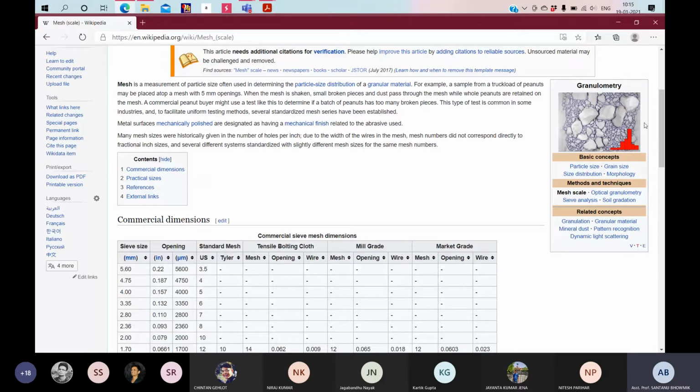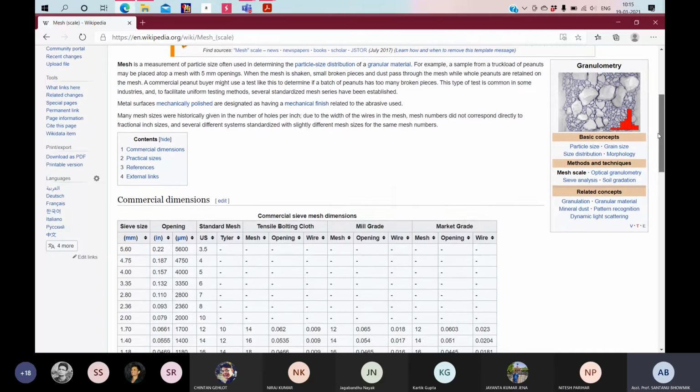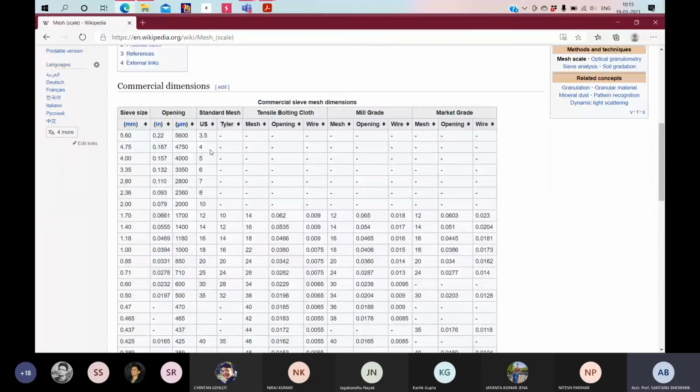So if you see the numbers, you may assume that per inch these are the number of holes. It may not be the actual one, but it is estimated and it is used all over the world. According to this standard mesh size, the particles which are prepared have their sizes given in millimeter, micrometer, and inch.